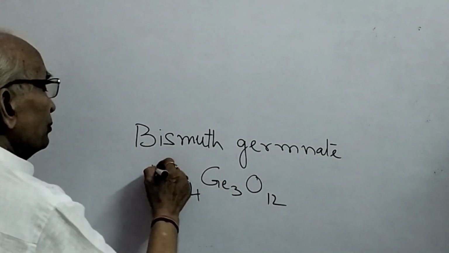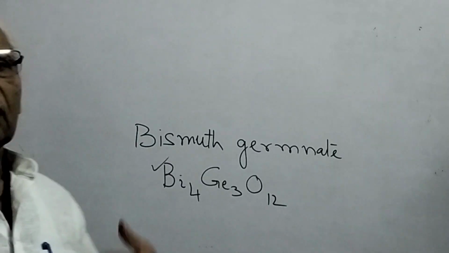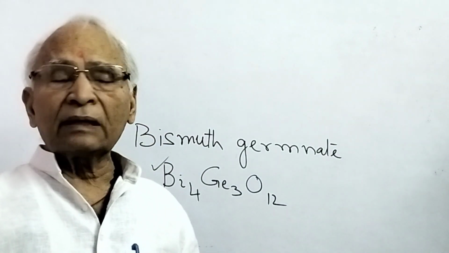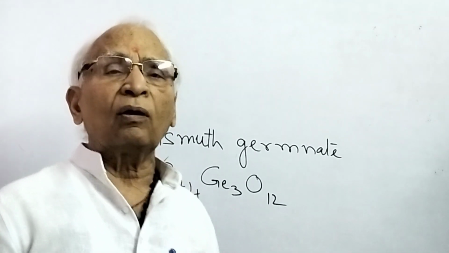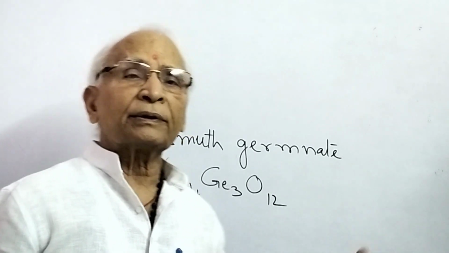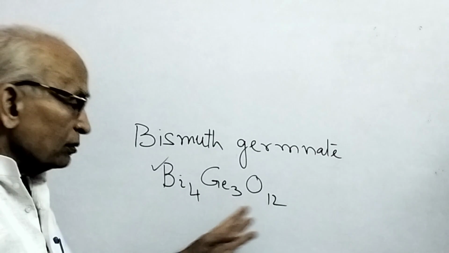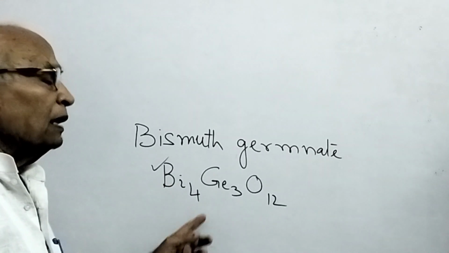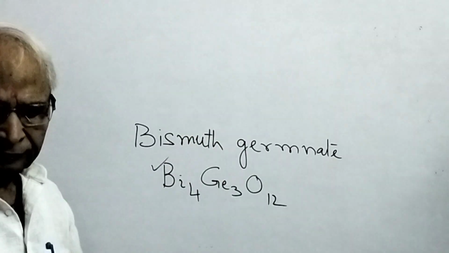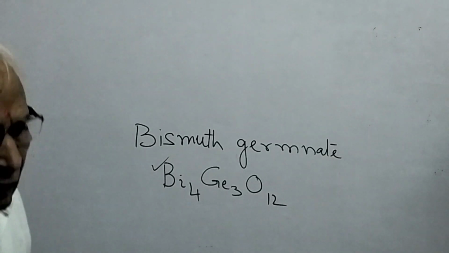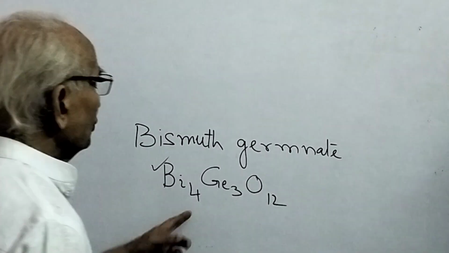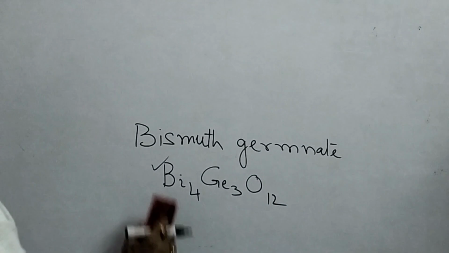So the presence of bismuth increases the photoelectric effect probability, or Compton probability, or pair production. So this crystal is a costly crystal. This is available now in the modern laboratories. So in place of sodium iodide, in place of other crystals, we use bismuth germanate.